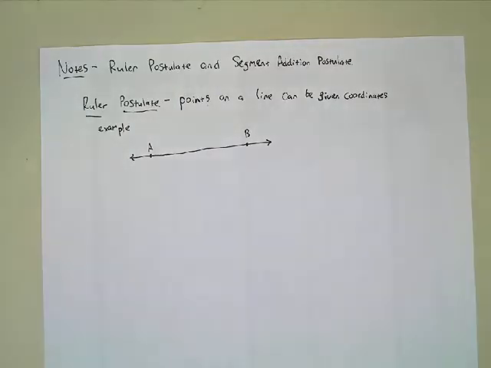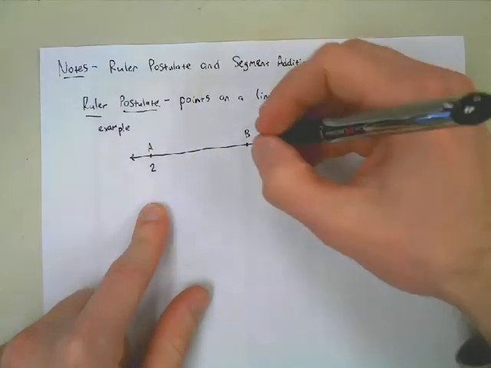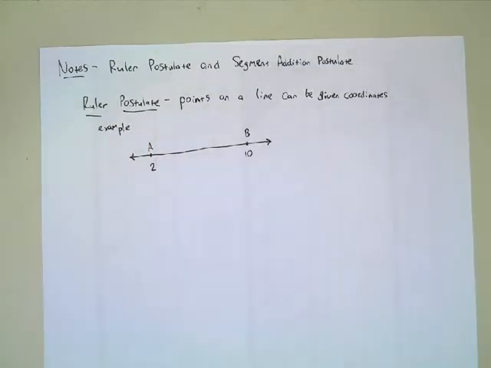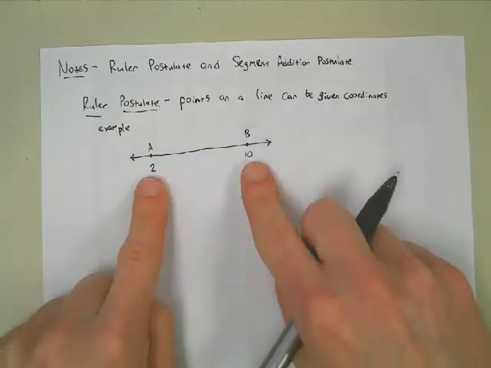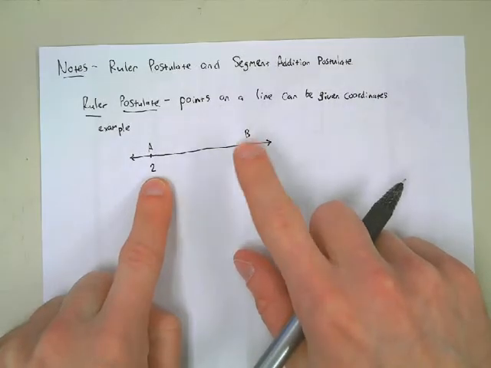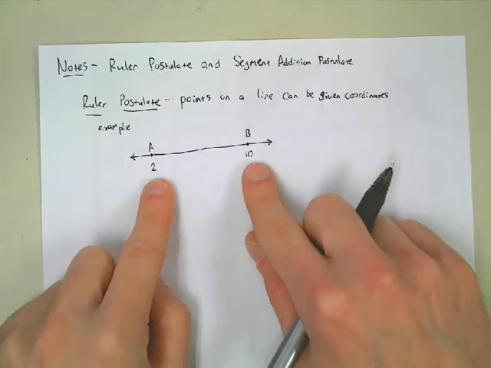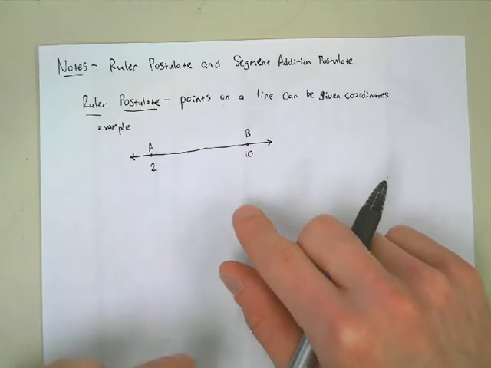And I'll say that A has a coordinate of 2, and I'll give B a coordinate of 10. What then if A has a coordinate of 2 and B has a coordinate of 10? Raise your hand and tell me what's the distance between A and B. What's the distance here? 8. How'd you get that?